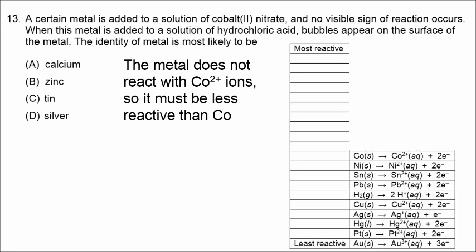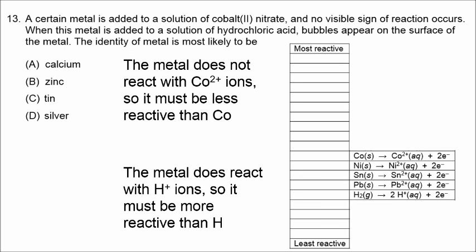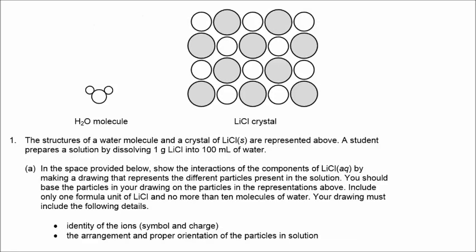If a metal does react with H+ ions, an acid solution, to produce hydrogen gas, then it must be that the metal is more reactive than hydrogen. So it must be above hydrogen. So the answer could have been either nickel, tin, or lead. Correct answer is tin.